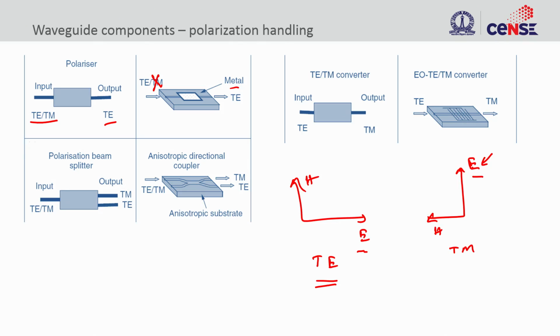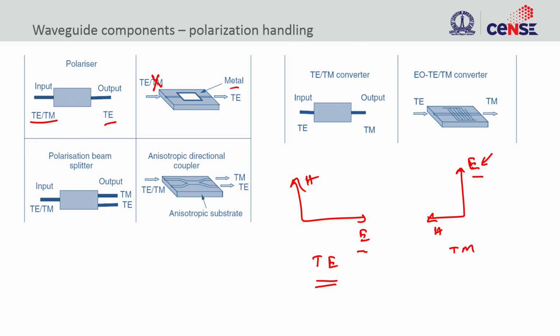So, in order to capture both the light sources, we can have polarization splitting and then you can capture it, right. That is what polarization beam splitters do. This is functionality that exists in bulk optics as well. So, when you have two polarizations here, the component would split the polarization: TE in one and TM in the other.